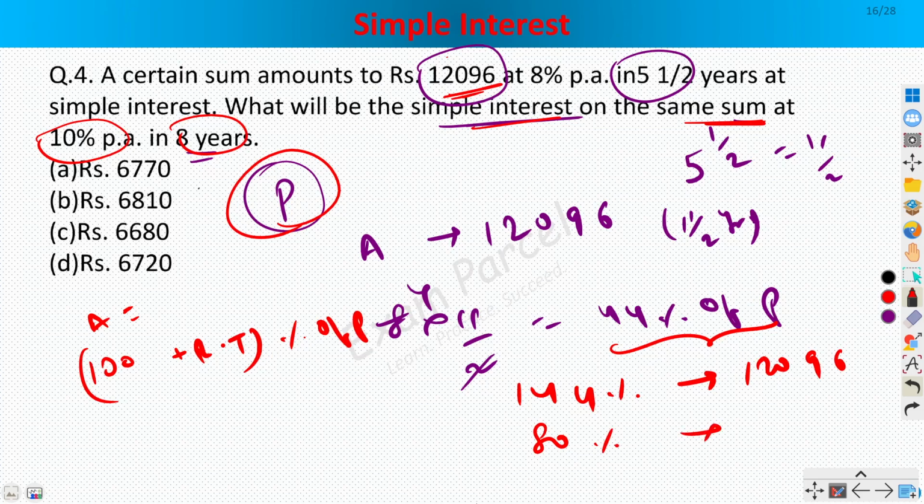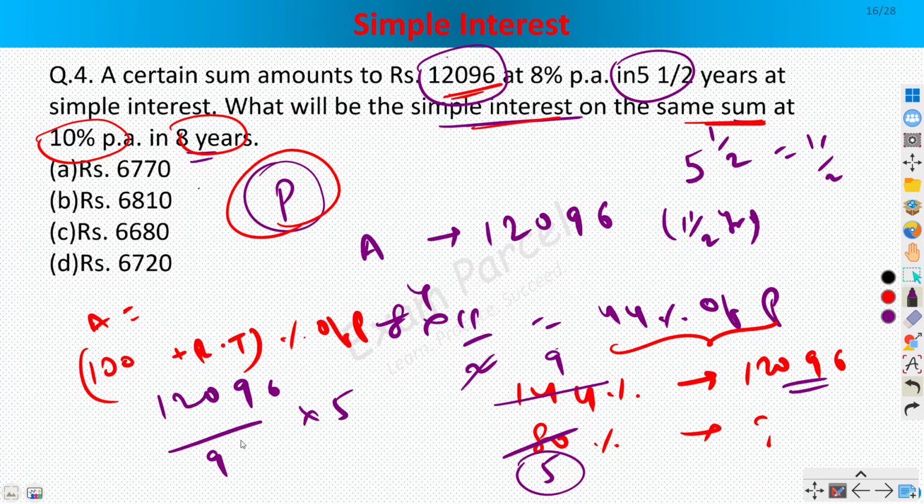80% value is what? Now one thing you can do is, you can take the ratio of these two. So 16 into 9, 16 into 5. So if 9 into value is 12096, then what will be the value of 5? So 12096 by 9. This is the unitary method, right? From 9, can you cancel this out? So yes, from 9 you can cancel them out. 1344 into 5.